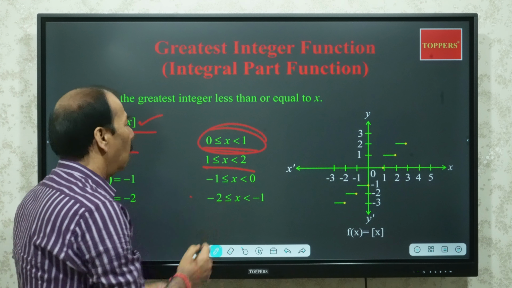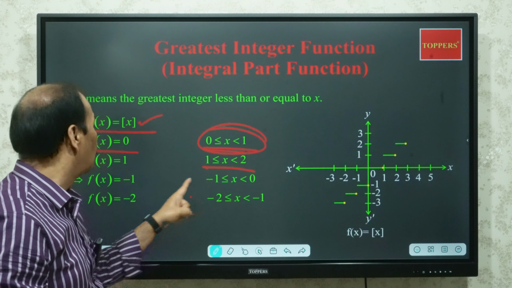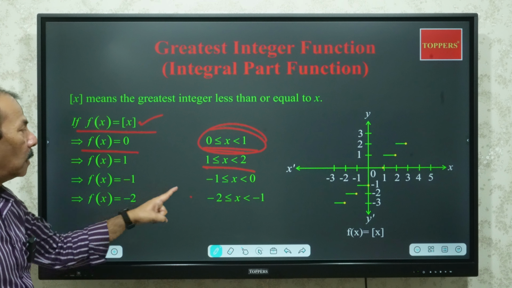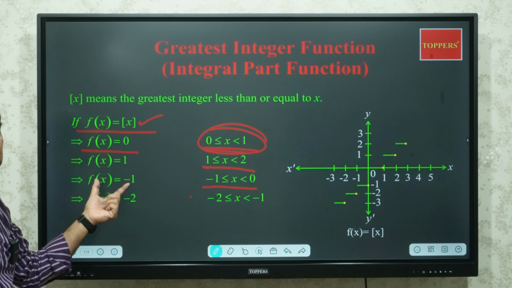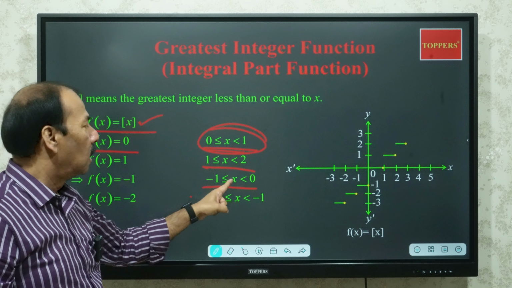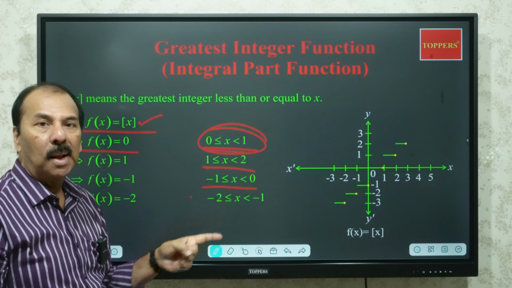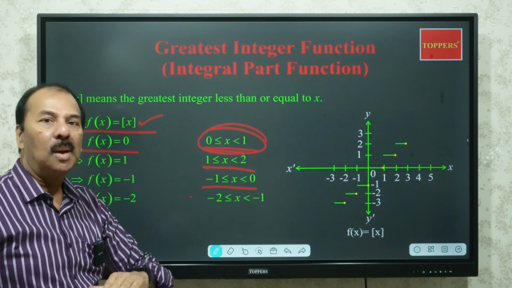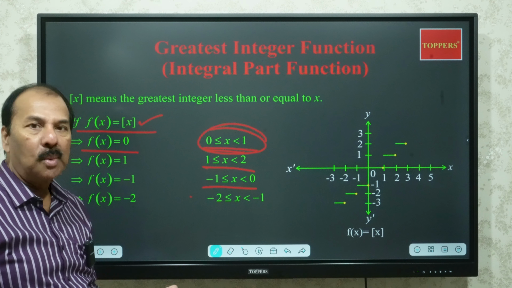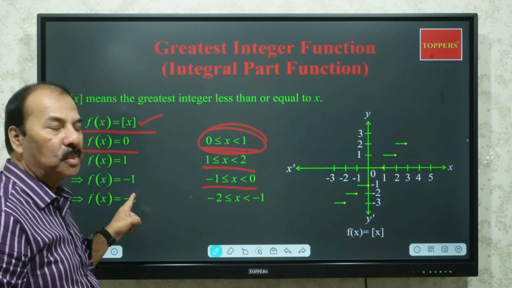Similarly, anywhere between 1 and 2, f of x will be 1. Between minus 1 and 0, it will be minus 1, because the nearest integers are 0 and minus 1, but we choose the one which is less than or equal to x, so that is minus 1.